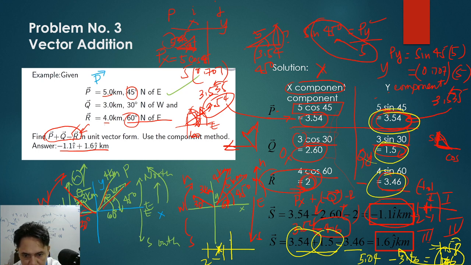So the coordinate of that point is negative 1.1 and 1.6.